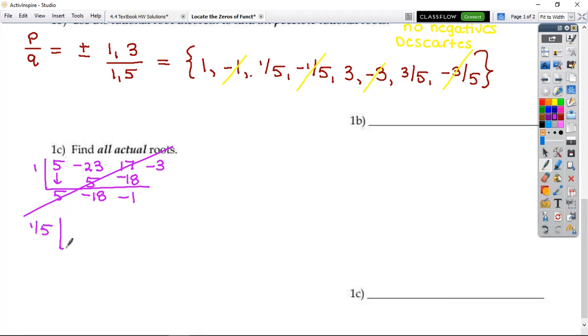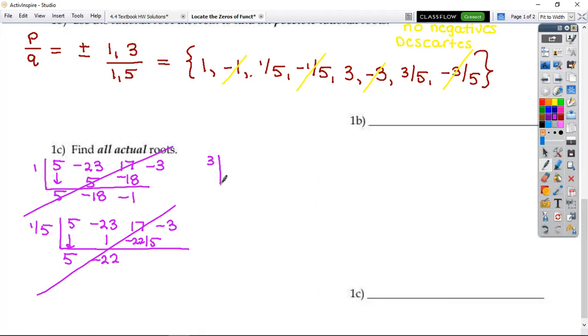or rule it in. Well, someone's got a really lucky guess here. 1/5. So I have 5, negative 23, 17, negative 3. Come straight down, multiplies as 1, negative 22, negative 22/5. Is there any way this is working? No. Next one, 3.